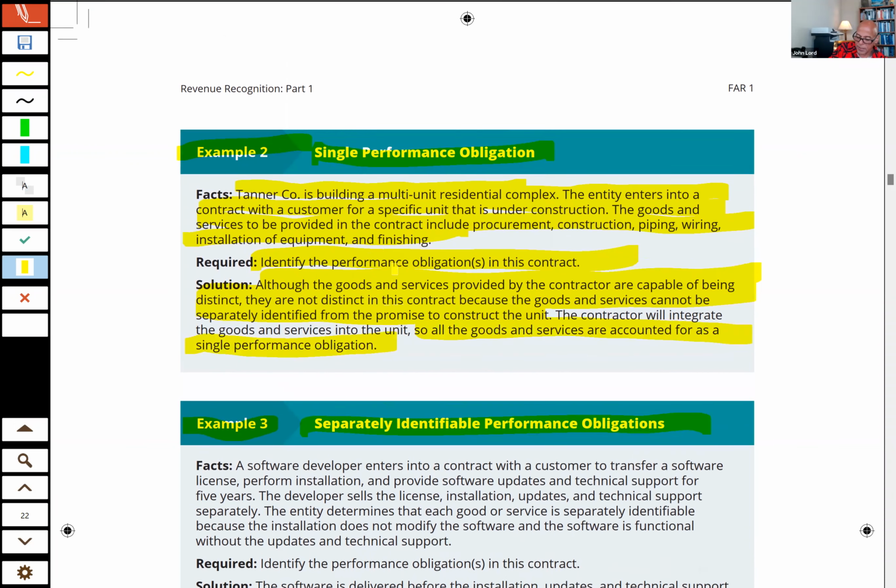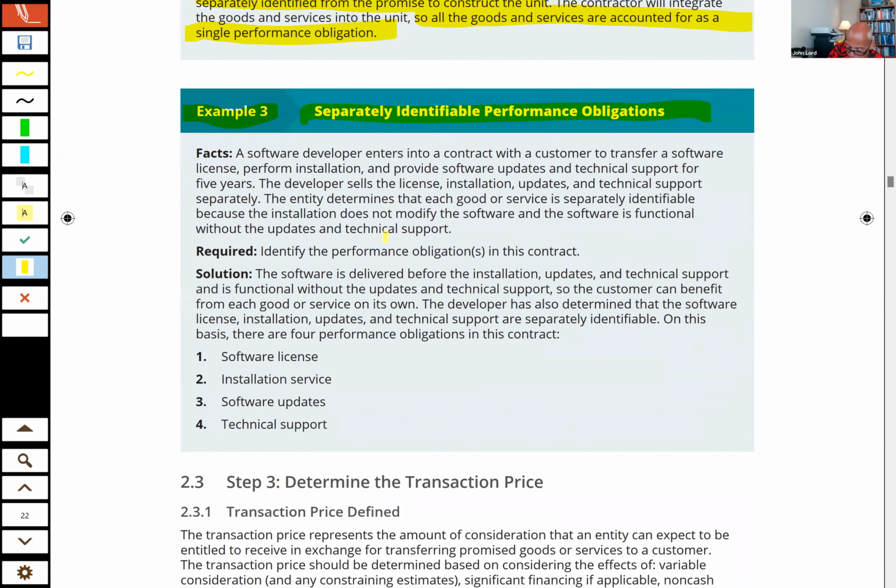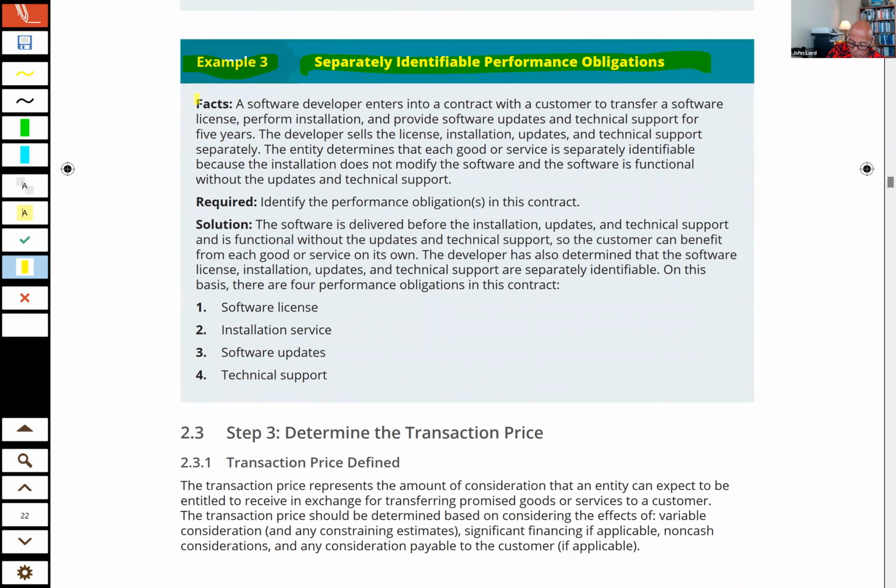Now that is different than this alternative situation, where we have a software developer that enters into a contract with the customer to transfer a software license, perform installation, and provide software updates and tech support for 5 years. What I find interesting about this one is they have the software license, the installation, updates, and tech support.